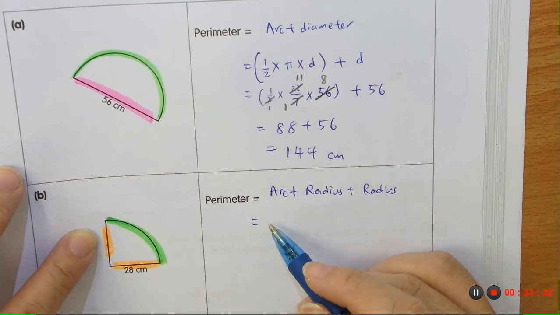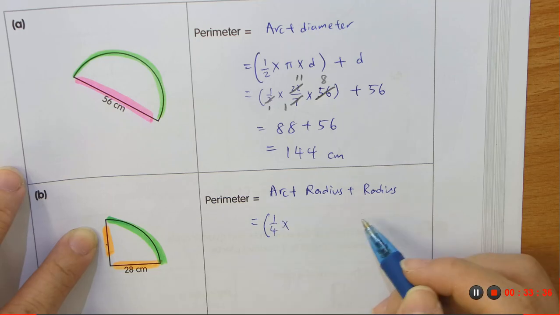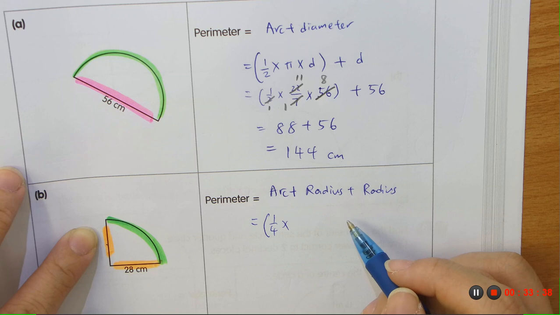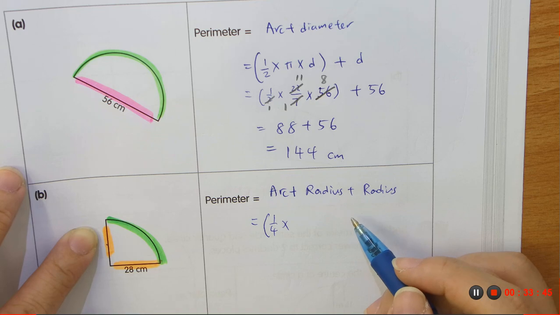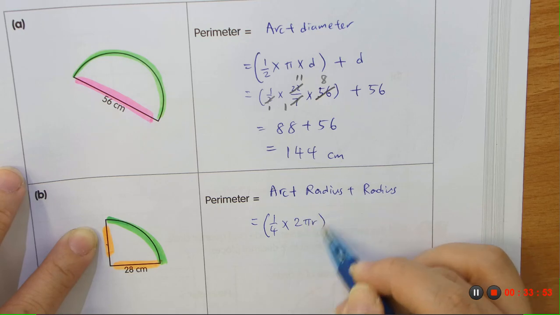One quarter times pi times diameter. There's no diameter here. Yes. Then how? What formula should I choose? 2 pi r. So it's 1/4 times 2 pi r plus radius plus radius.